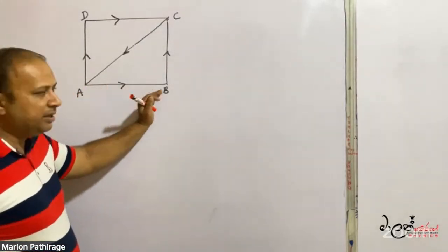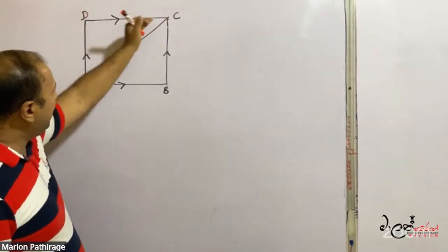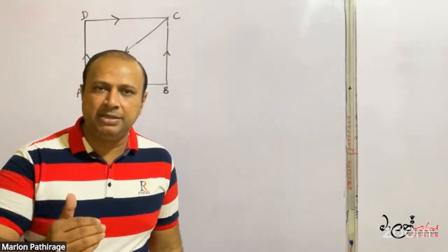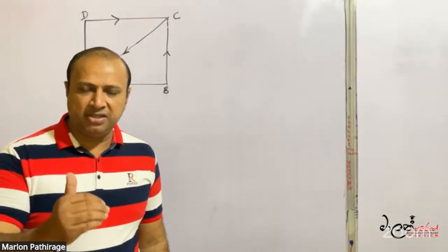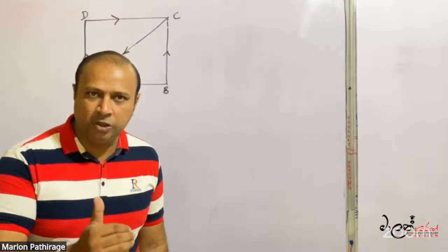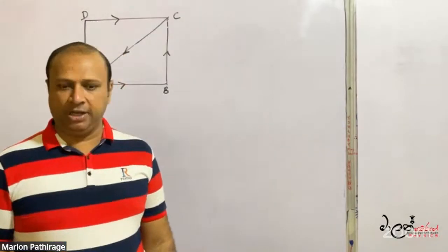Here AB vector, there BC vector, CA vector, AD vector, and DC vector. Suppose these vectors are represented in magnitude and direction using this geometrical figure.